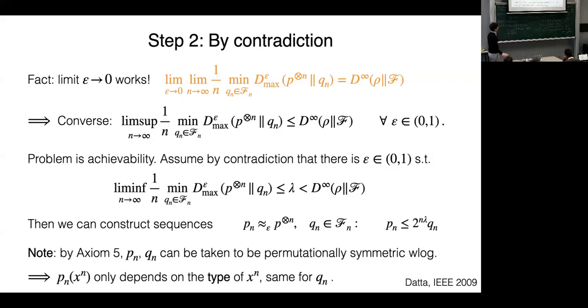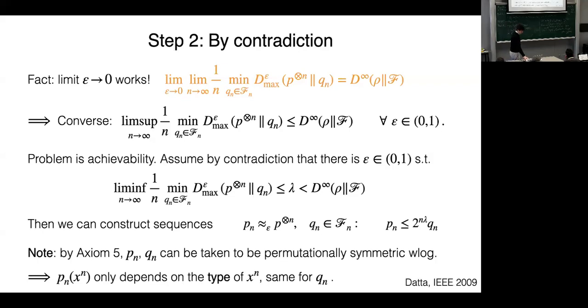And by axiom 5, you can assume all of these probability distributions to be permutationally symmetric, so they take the same value on all sequences of the same type. I guess you're also using convexity. Just convexity. Yeah.